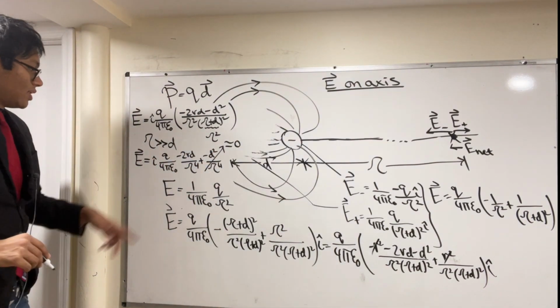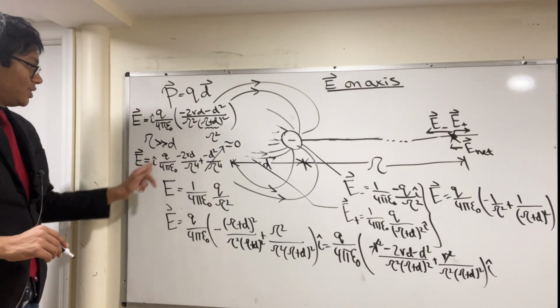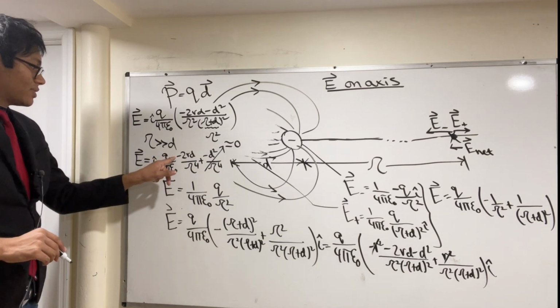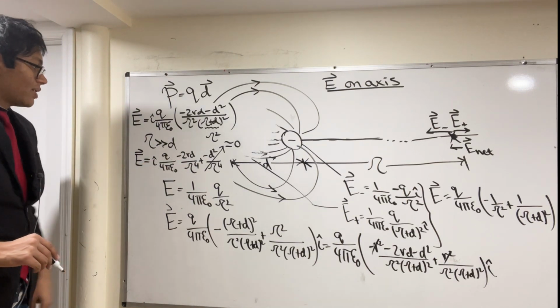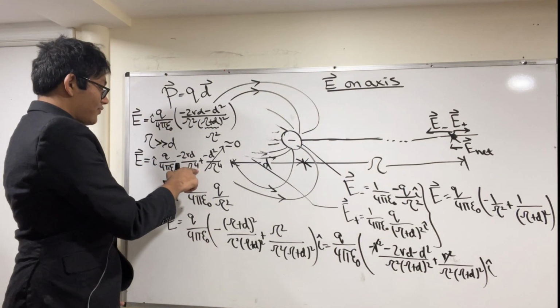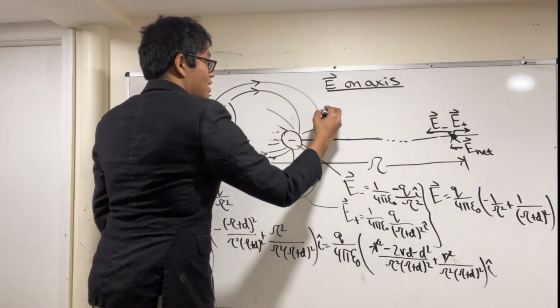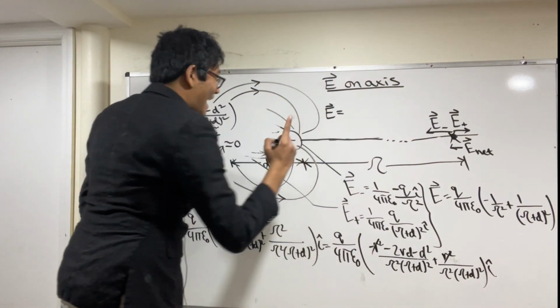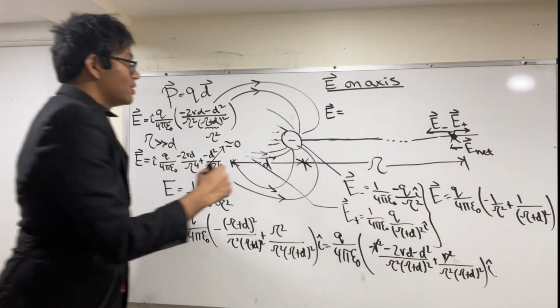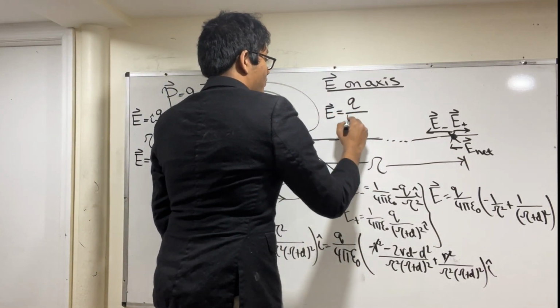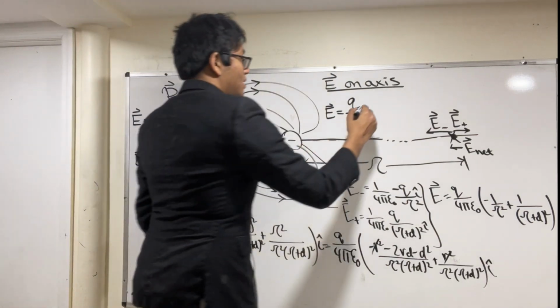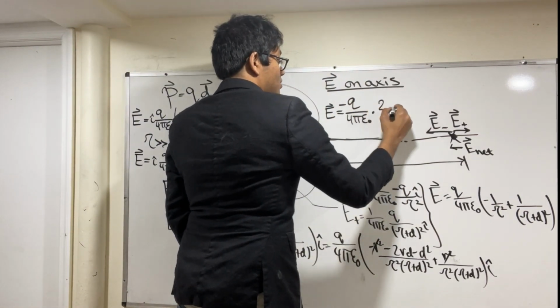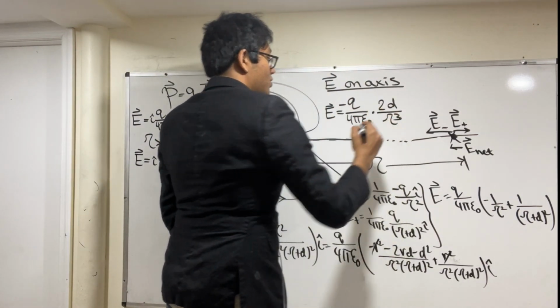So what are we left with? We're left with the following equation. q times minus 2rd over 4 pi epsilon naught times r to the 4th. r divided by r to the 4th leaves us with r cubed in the denominator. So the electric field on the axis of the dipole is going to be q over 4 pi epsilon naught times minus 2d over r cubed.